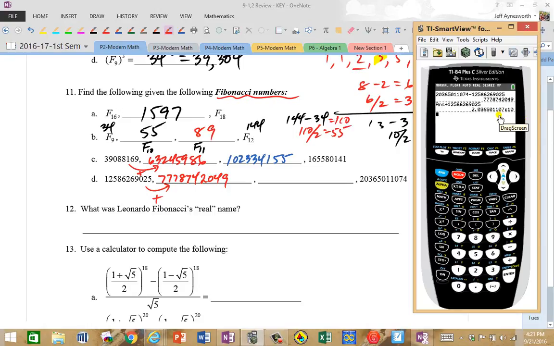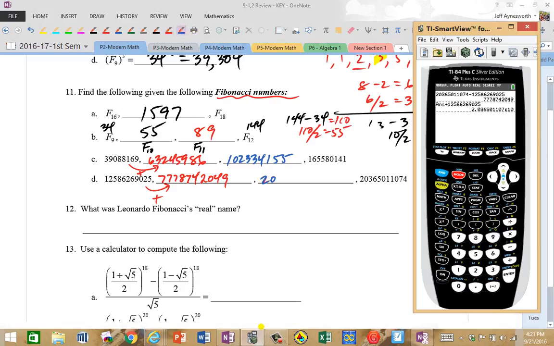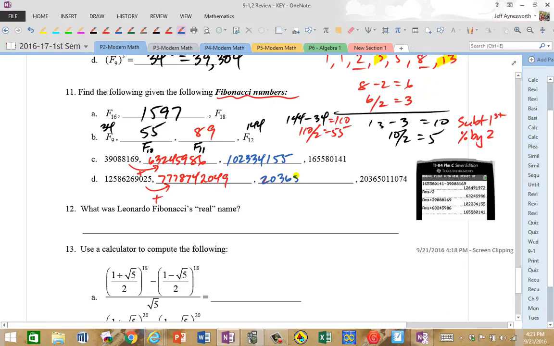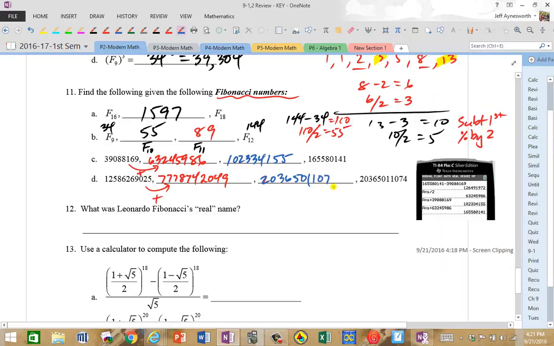Let me write this down. So 20365, 2036501, 2036501, 107, 107 something.